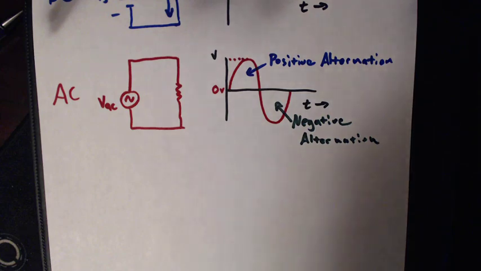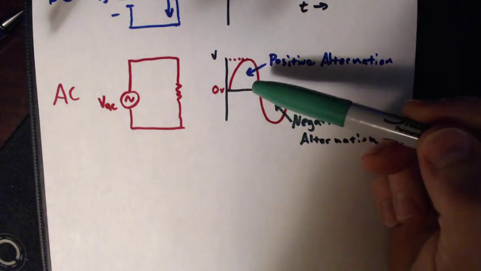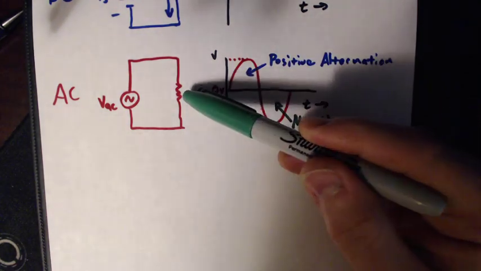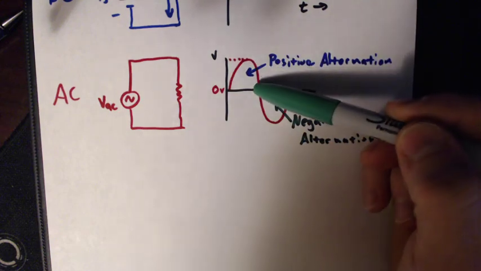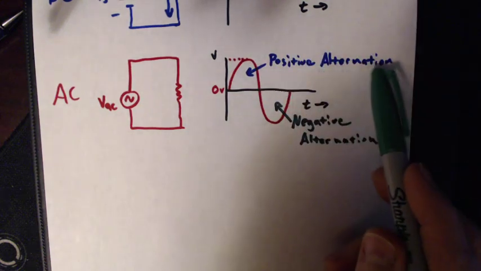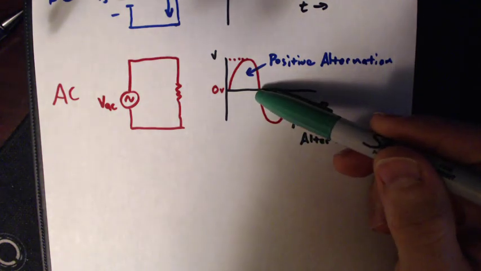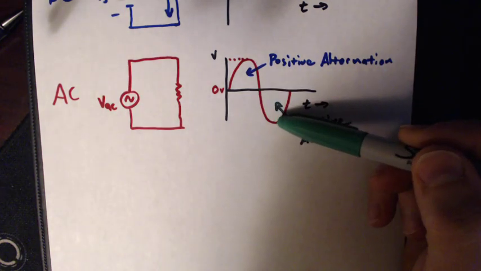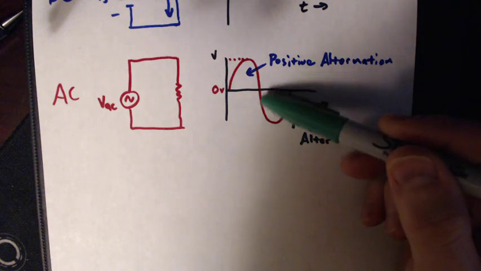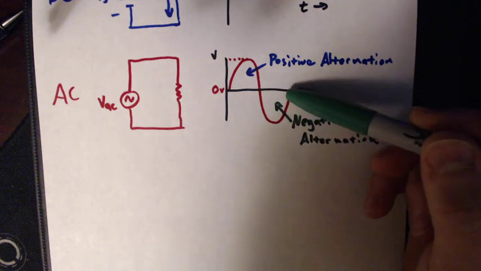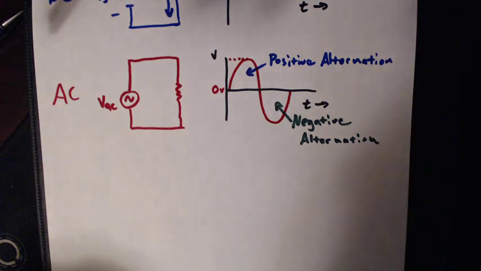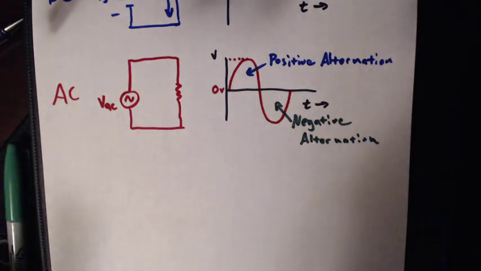So what's going on here is that half of the time the voltage being applied to this resistor is positive. That's during the positive alternation. And the other half of the time, the voltage being applied to this resistor is negative. During the negative alternation it is all negative. So what we have is two different situations.